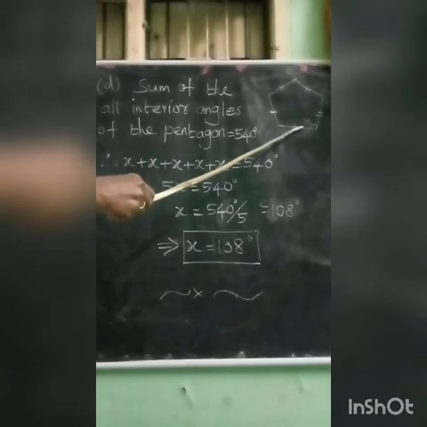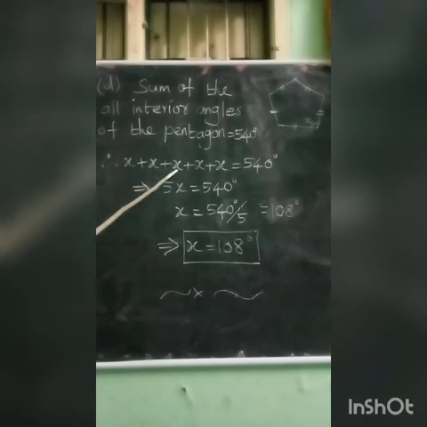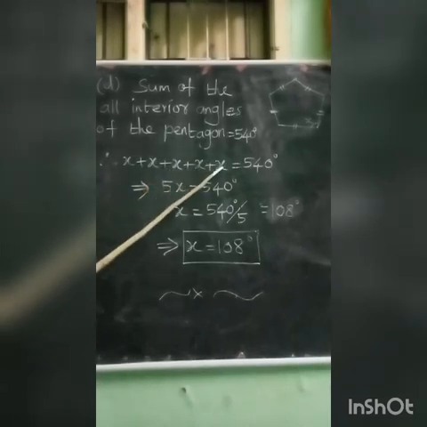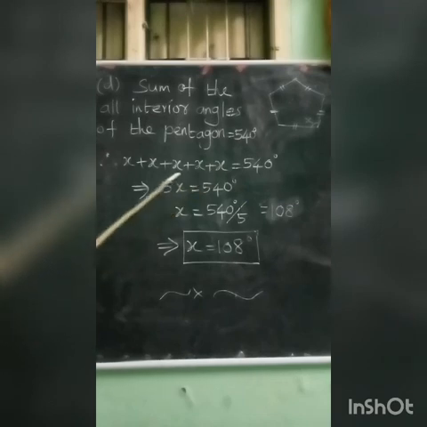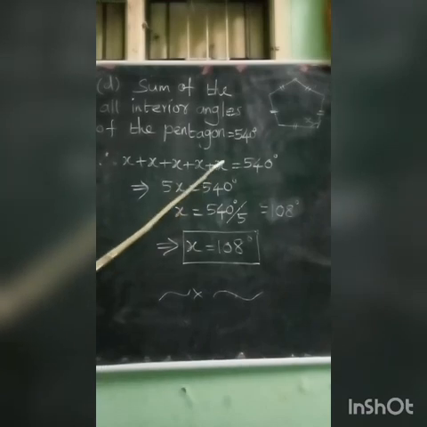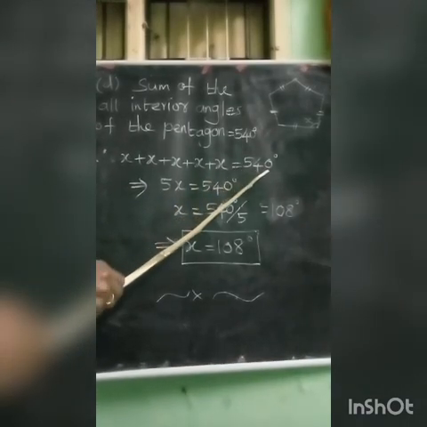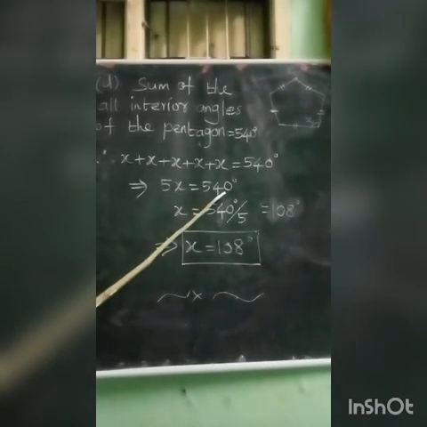Therefore, we get x plus x plus x plus x plus x. In the regular pentagon, all angles are equal. Therefore, x plus x plus x plus x plus x equal to 540 degree, which implies 5x equal to 540 degree.